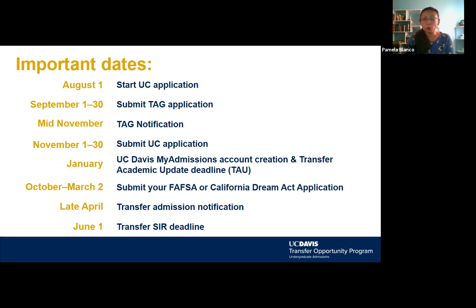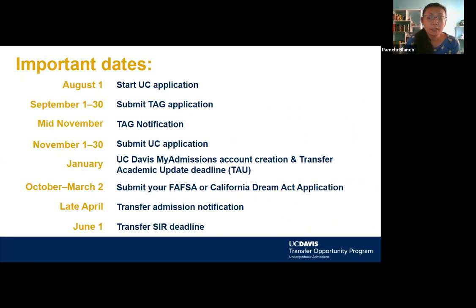The UC application will open up. It is a very comprehensive, very lengthy application. So we give you 4 months to thoroughly fill it out and thoughtfully write your personal insight question responses and your extracurricular information. So take advantage of all that time that is available to you.